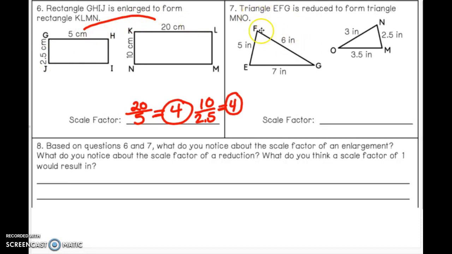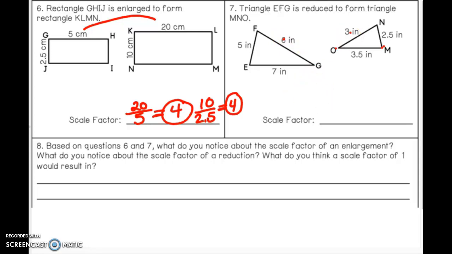So we have triangle EFG is reduced to form a triangle MNO. So our scale factor is, let's make the sides equal. So 6 to 3. We went from big to small, so I've got to do them the other way.